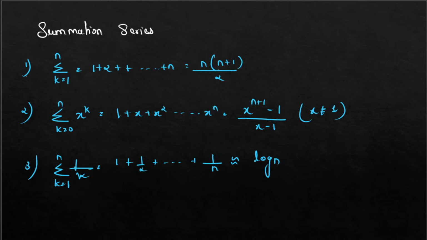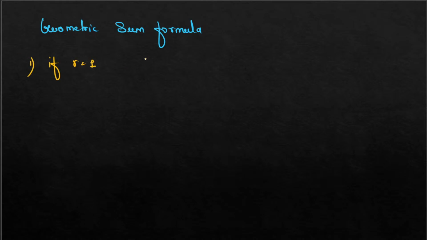Now let's discuss the geometric sum formula. That is very important. First, if r equals 1, then S of n is equal to n into a.